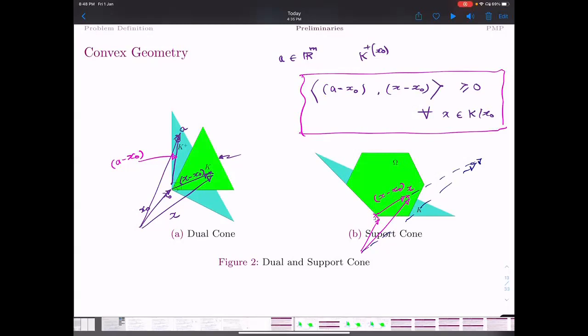And what is a cone? A cone is a set in Euclidean space, basically R^n, where if x is a member of the cone, alpha x is also a member of the cone for all alpha greater than or equal to 0. Now this is a cone at x naught, therefore those vectors are shown by subtracting x naught. If you look at that vector x minus x naught.